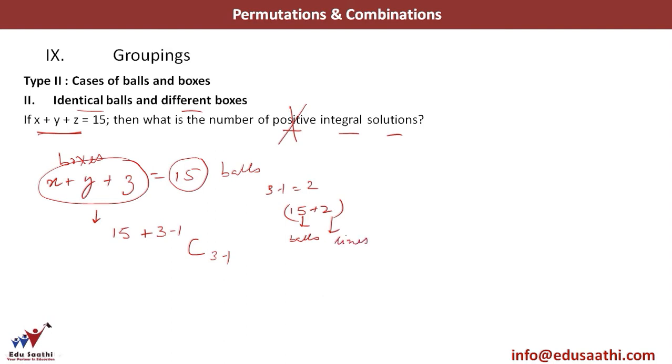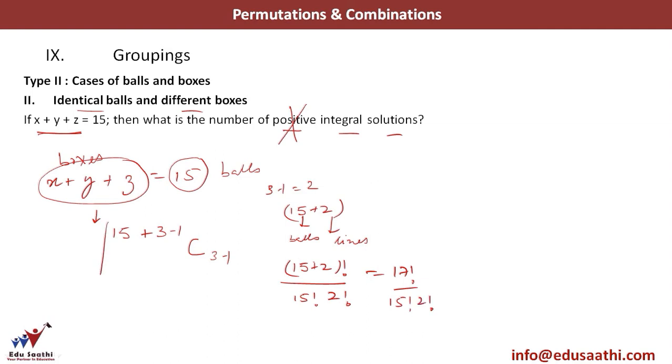So in how many ways can this be done? 15 plus 2 factorial, which is 17 factorial, divided by 15 factorial divided by 2 factorial.